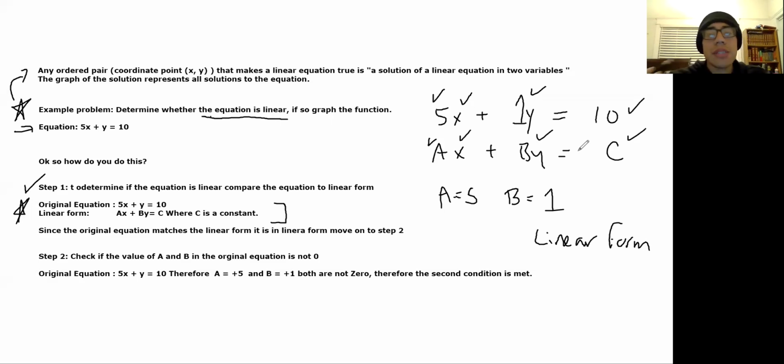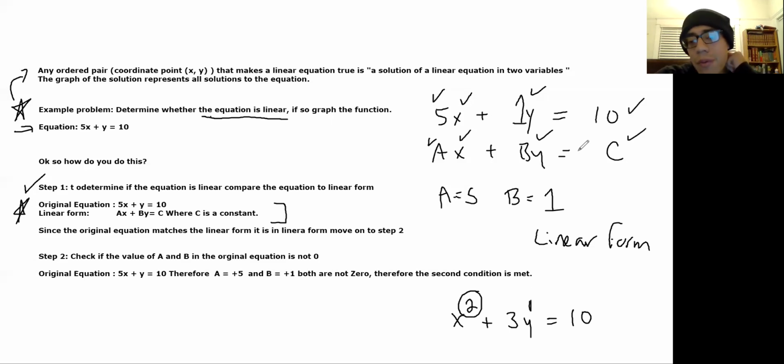Now I need to move on to the next steps. Another way you could have determined this is if you locate the highest power in the equation. So if you see something like this, if you saw something like this, that is the power of 2. And every variable, if it doesn't say anything, has the power of 1.